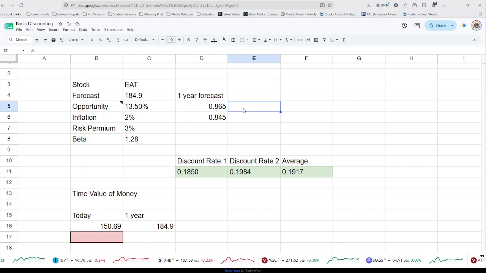So in the end, they needed to be discounted by an average of about 19%, pretty much. And that put us at around 150 to 184.90.